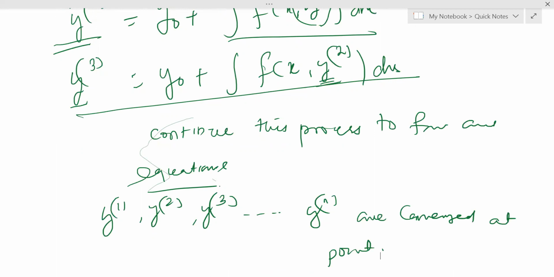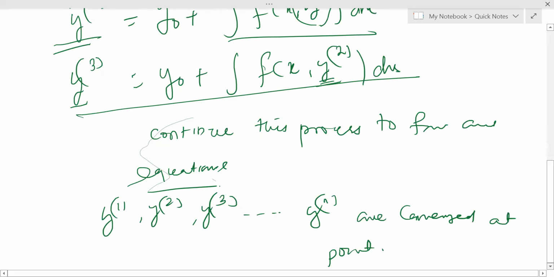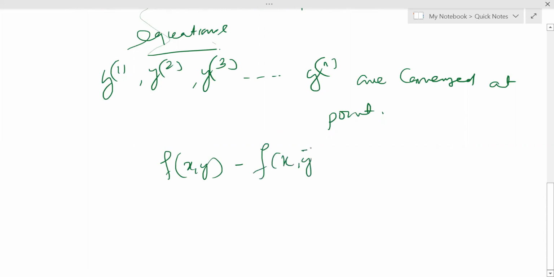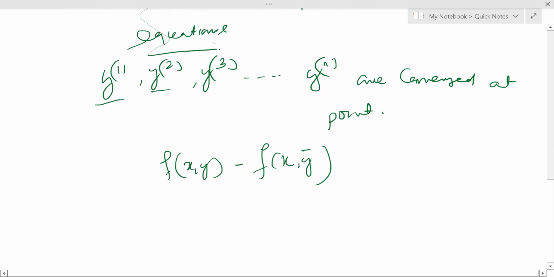That converged point is related to the Lipschitz condition. Finally, f of x, y is our given function, and f of x comma y minus f of x comma y bar, with the y value replaced by y bar, becomes k into y minus y bar.